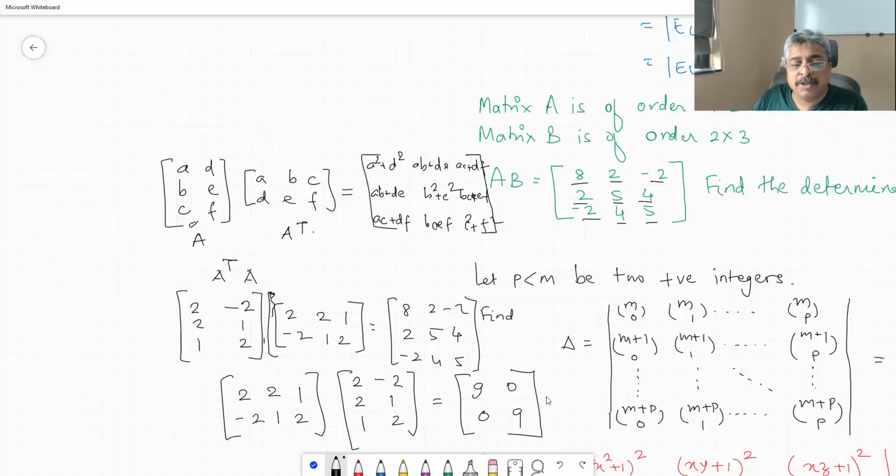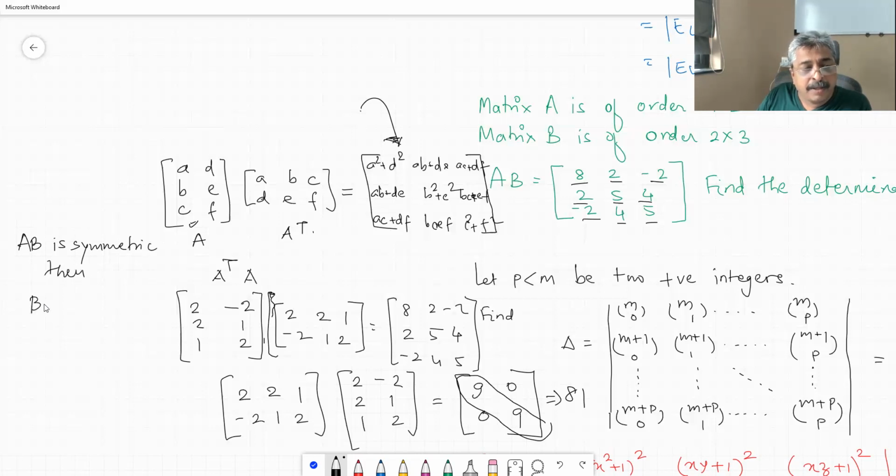And therefore the determinant answer is 81. Moreover, it can be proved that if the given determinant is symmetric, then if AB is symmetric, then BA is equal to trace by 2, 0, 0, trace by 2.